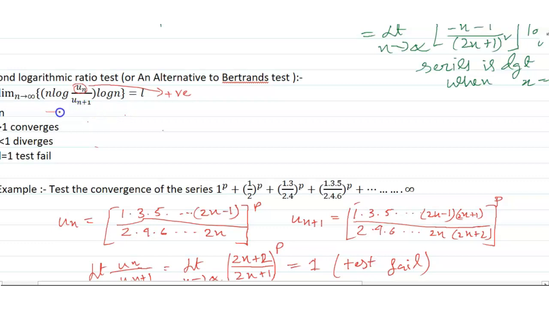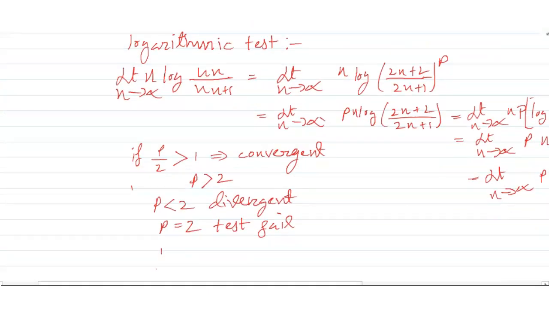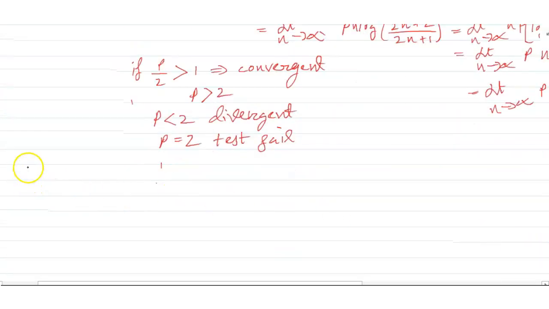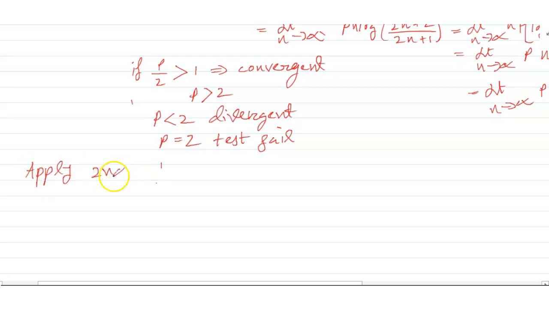This test I have to use. So apply the second logarithmic test.